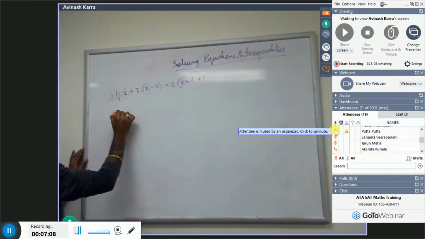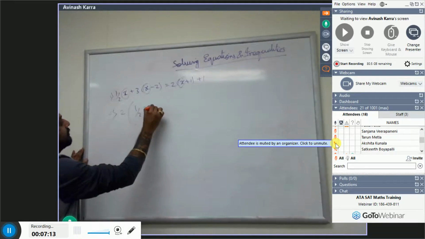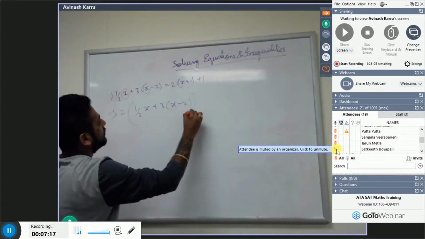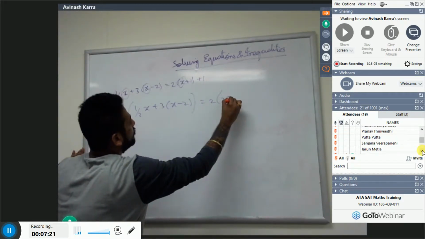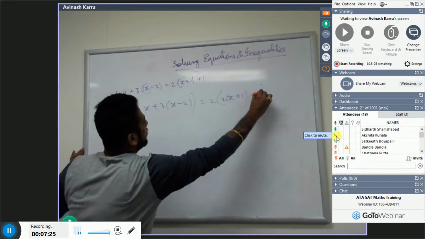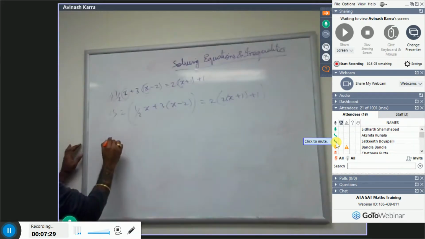So when I'm multiplying 2 on the LHS, what will be the expression? 2 into 1/2 x plus 3 into x minus 2 equal to 4 into x plus 1 plus 2. Okay, I'm making x the subject. Right?